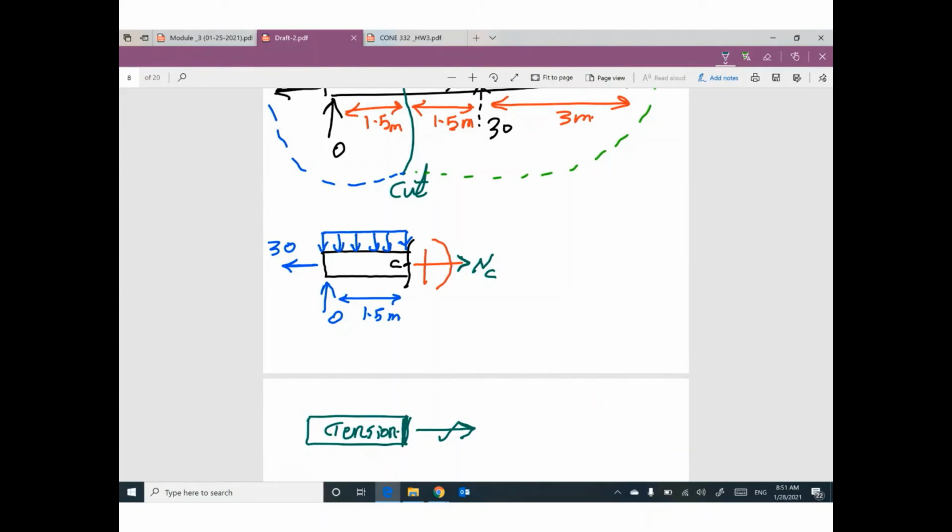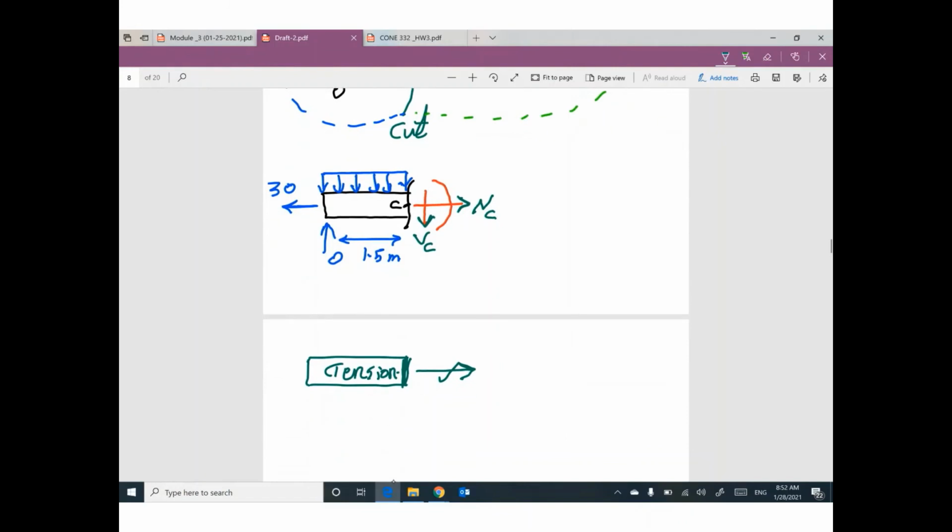What is the direction of shear V at C? Do you remember? We need to assume direction to make this beam rotate clockwise. So I'm gonna assume it like this. Why? Because this direction will make this beam rotate like this.